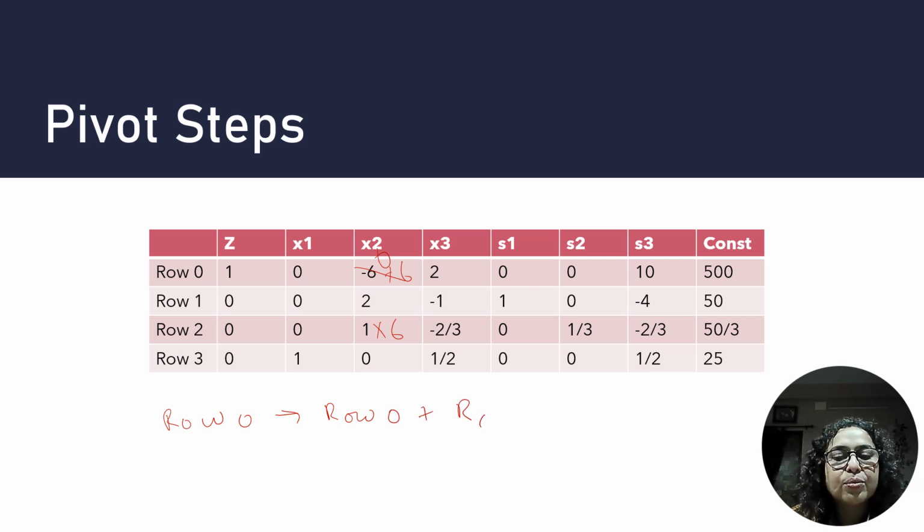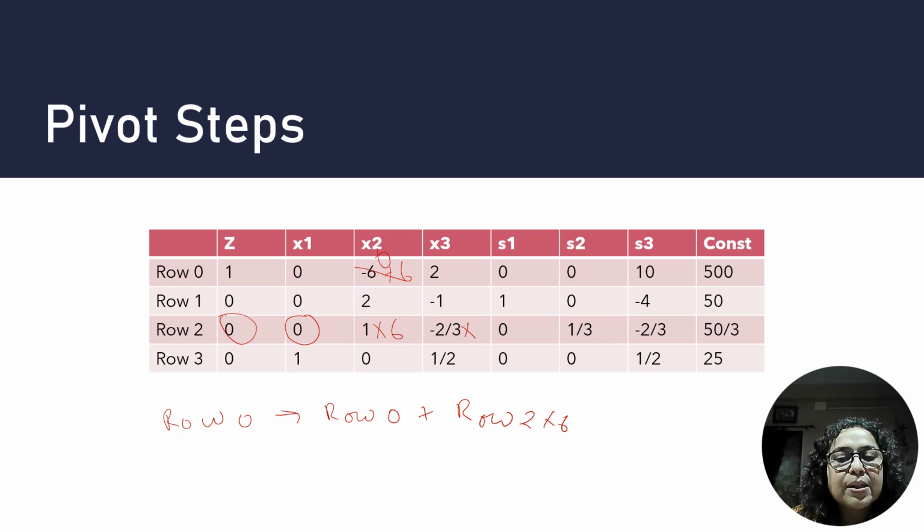So we have multiplied row 2 by 6 and added it to row 0 to convert minus 6 to 0. We do the same thing. For these two, there is no change, because they are 0.